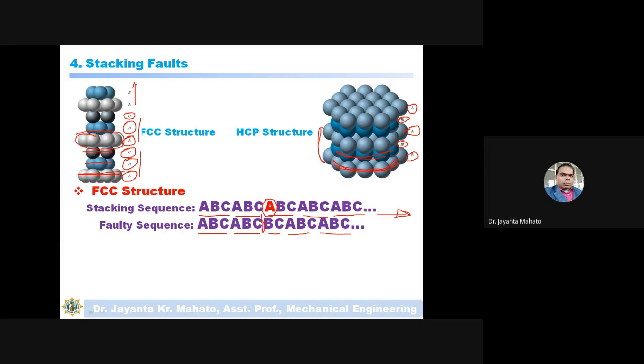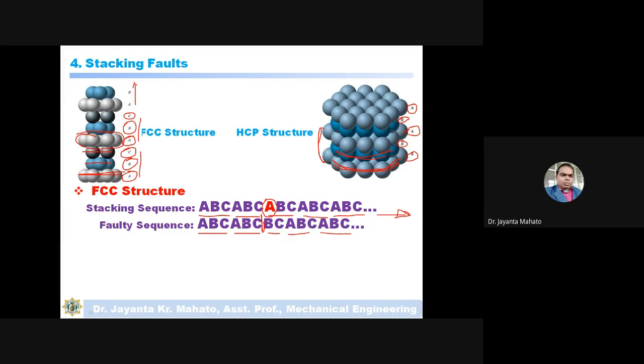So there is a fault in the sequence, meaning missing of one atomic plane, a plane of one type of atoms, in the sequence. Like this, a defect can form in the structure, and this defect is called a stacking fault defect.